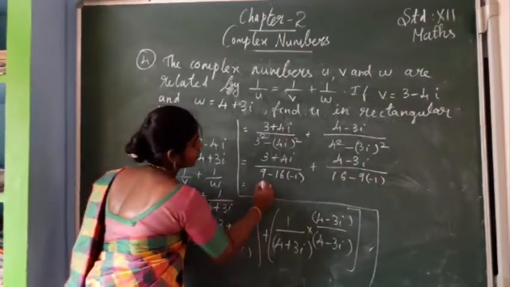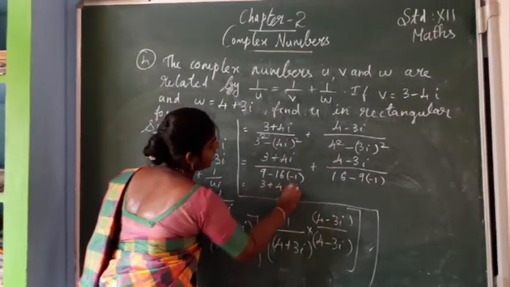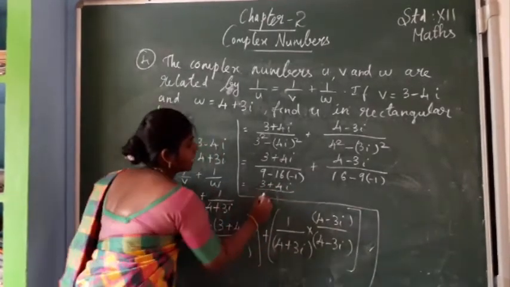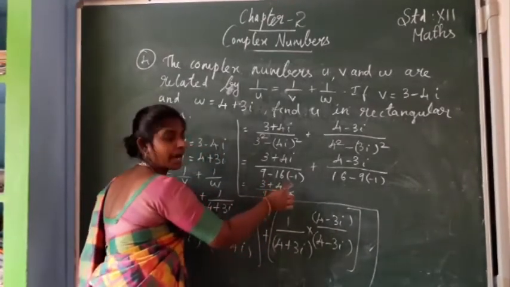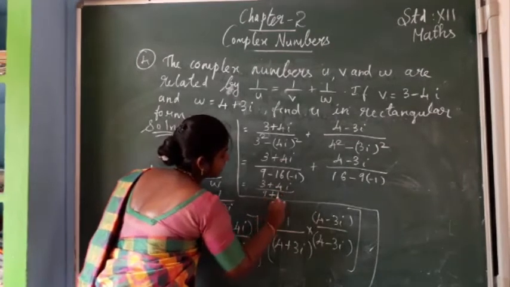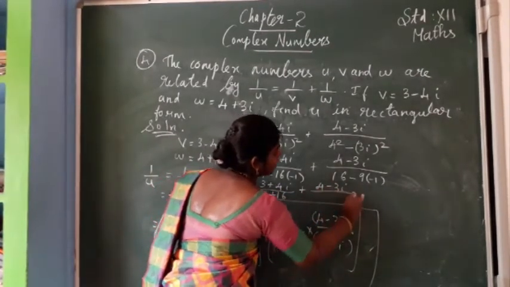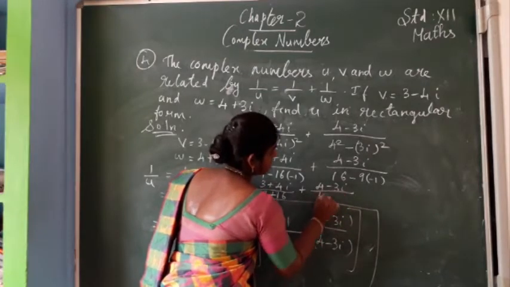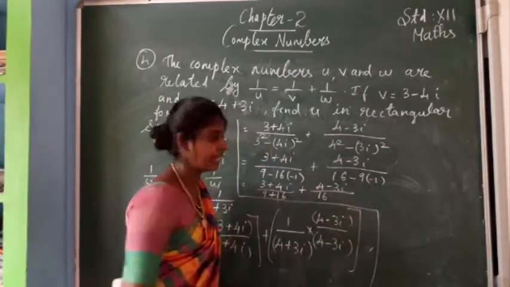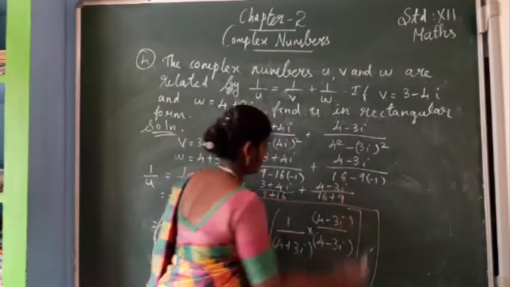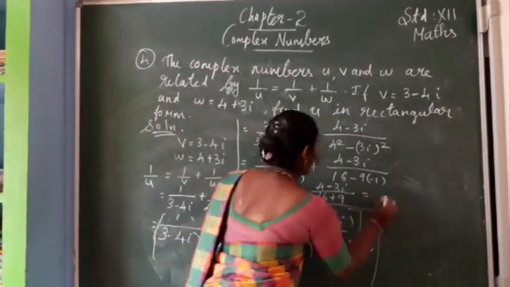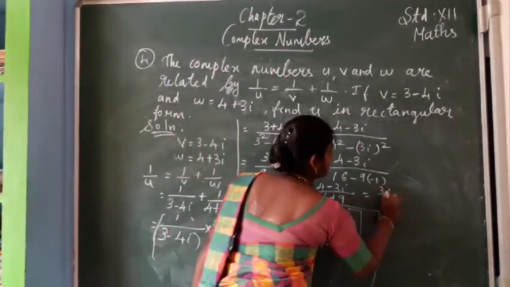That's equal to (3 + 4i) divided by 9 + 16, plus (4 − 3i) divided by 16 + 9.